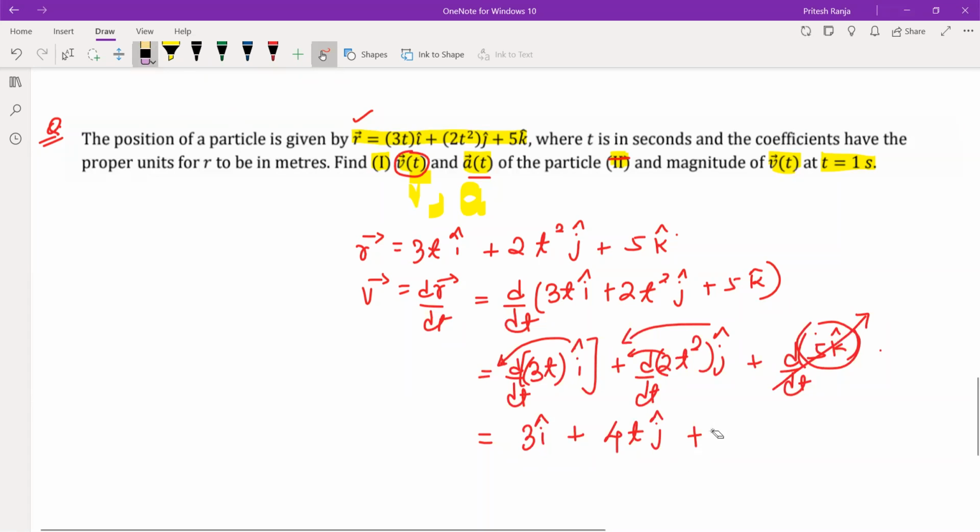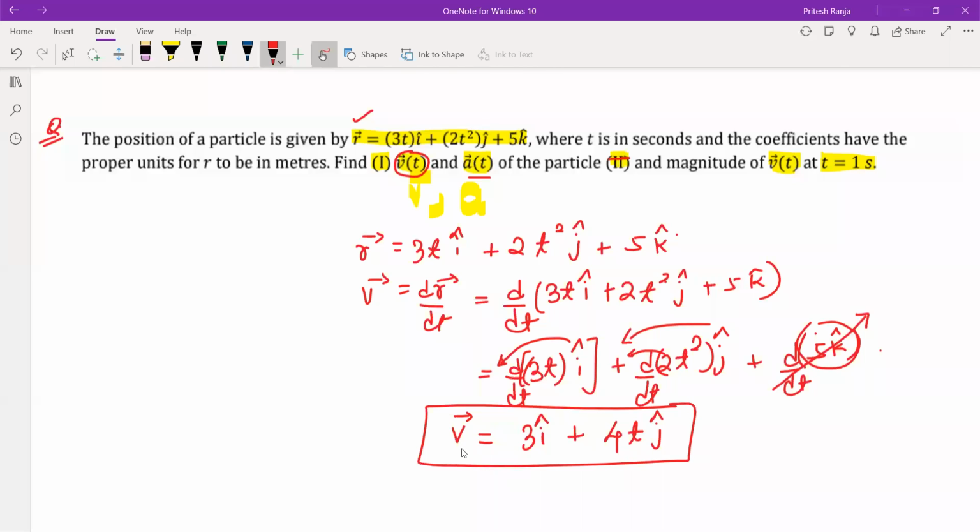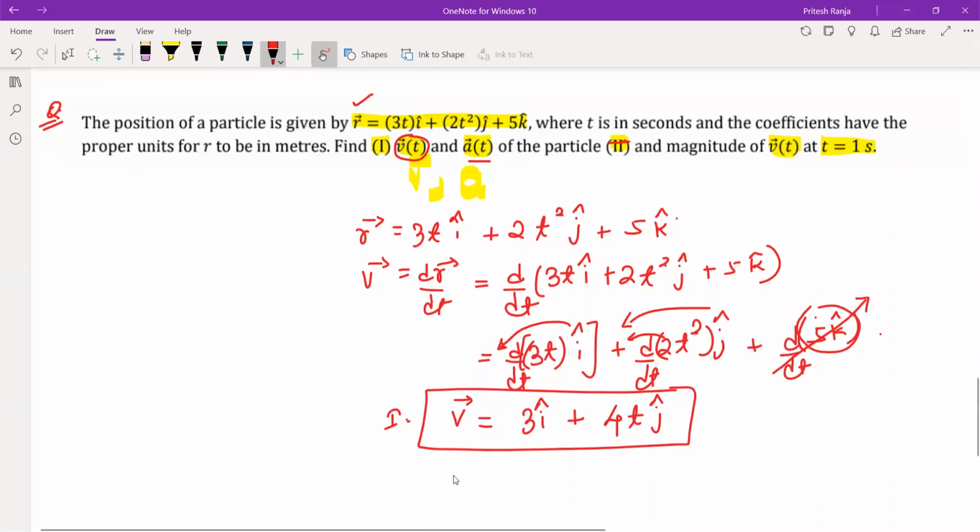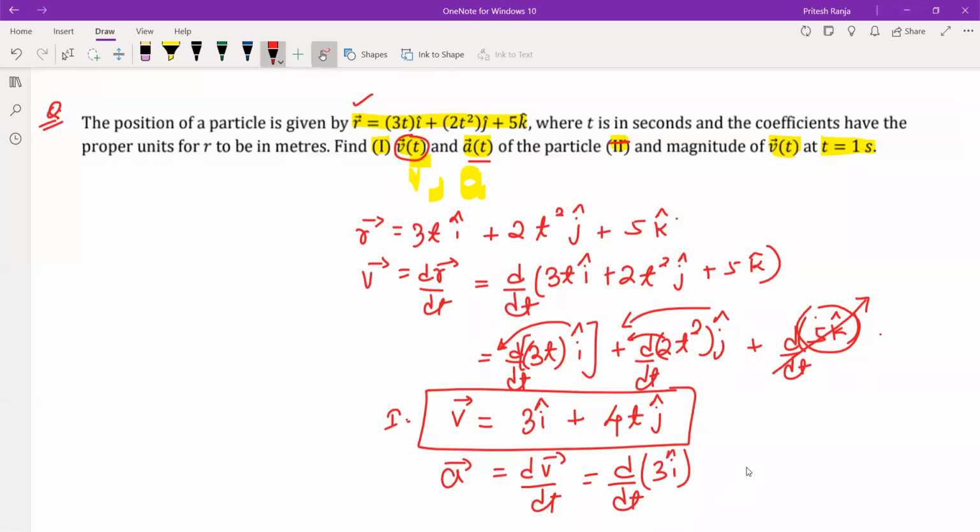Here is the velocity vector. So what does this suggest? That velocity vector is a function of time. This is our answer. Acceleration vector we can find, that is dv by dt. So that is d by dt of 3 i cap plus d by dt of 4t j cap.